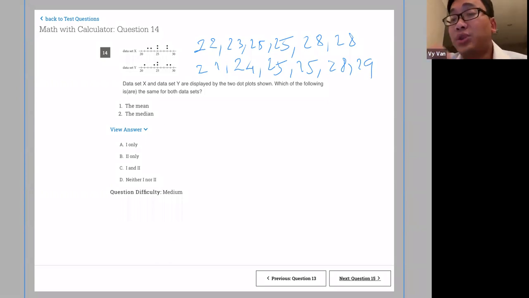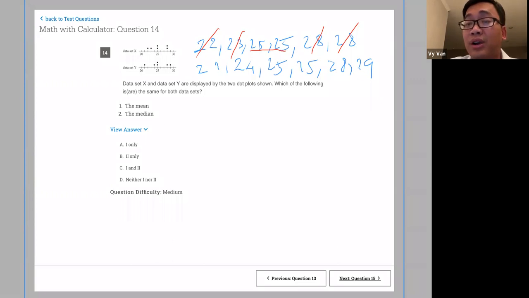Okay, since you have a calculator, you can easily calculate the mean. Let's find out the median. So back in the day, you guys learned the median. This is how you deal with median. And when you have two numbers in the middle, you find the average. So 25 plus 25, 50 divided by 2.